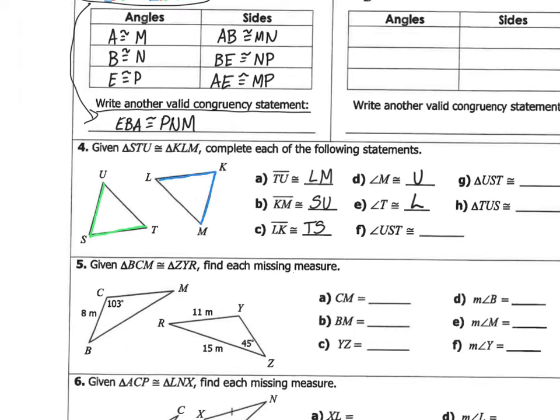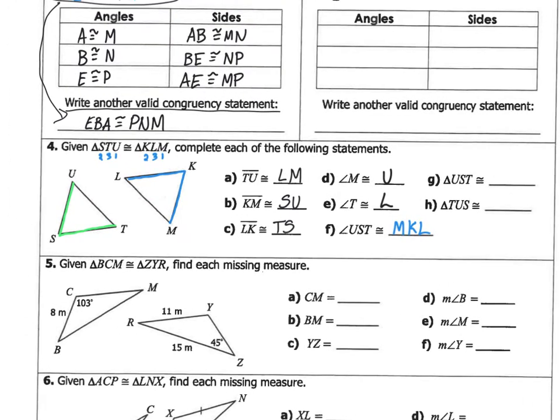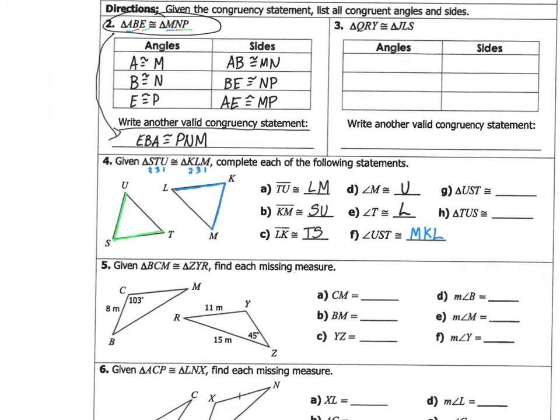MKL. Yeah, because if you look over here, it's 1, 2, 3, right? So you write it over here. 1, 2, 3. M, K, L. And that's how you would do G and H as well.